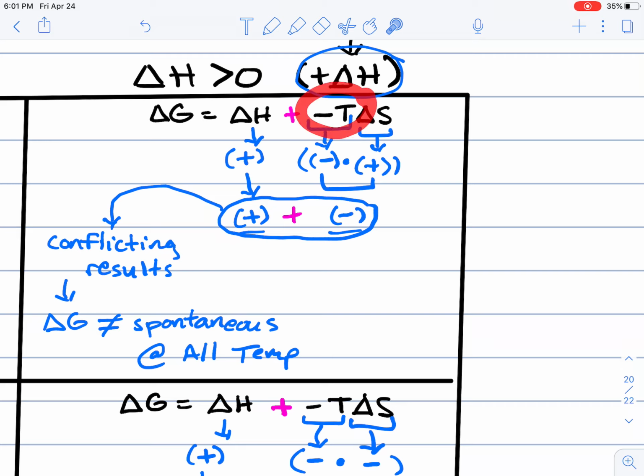So long story short, our reaction will only be spontaneous at high temperatures. Okay? And at a high temperature value, it's going to give us a negative result for delta G.